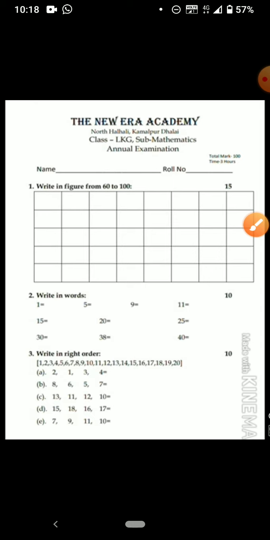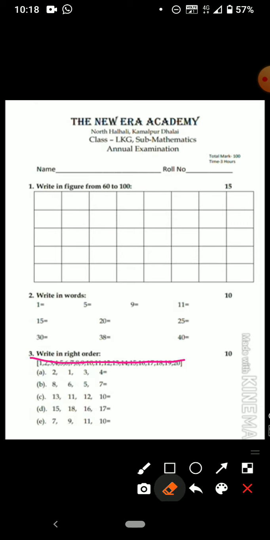Next Roman. Write in the right order. They have given some options here, 1 to 20 numbers, like options A, B, C, D, E. For those questions you should write the answers in correct order. Suppose they have given 2 1 3 4, you should write 1 2 3 4.